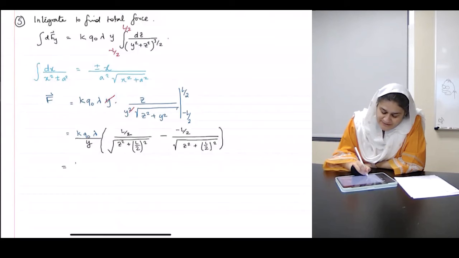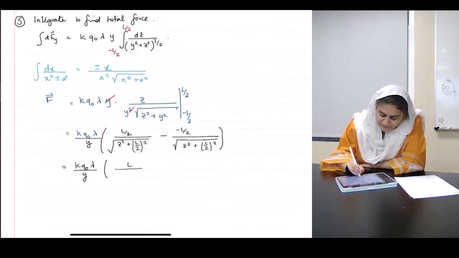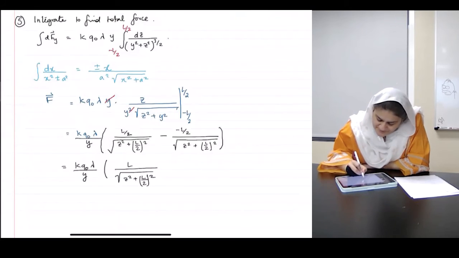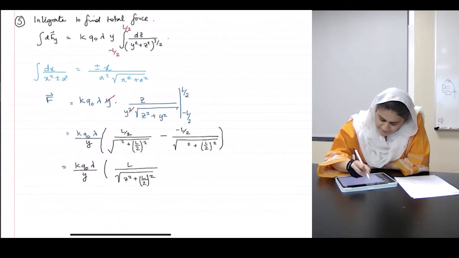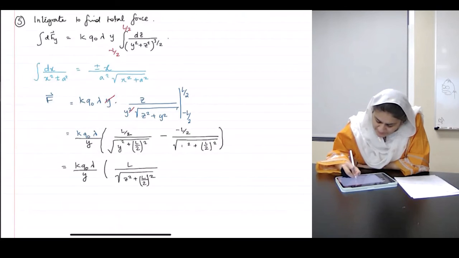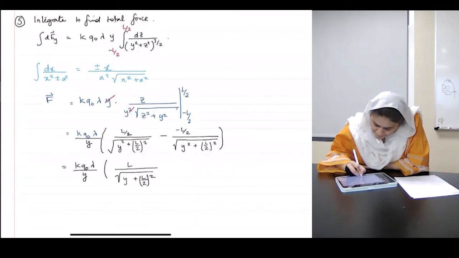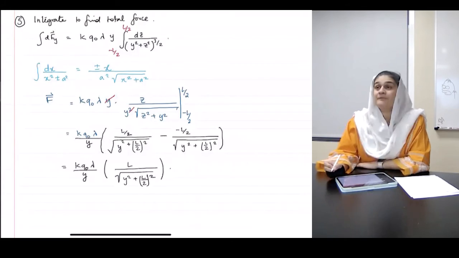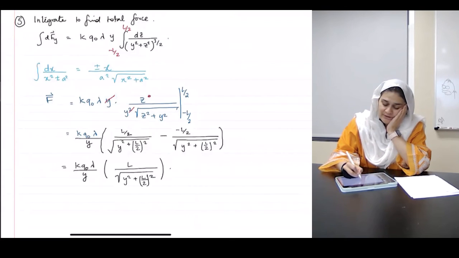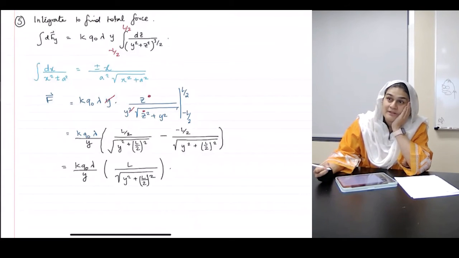May I rewrite this as k q0 lambda over y times L over, wait, hold on, this should be y. This is my bad. This should be y, right? Because y is not what we're replacing. Because in here, we're replacing all the z's with the limits of integration.